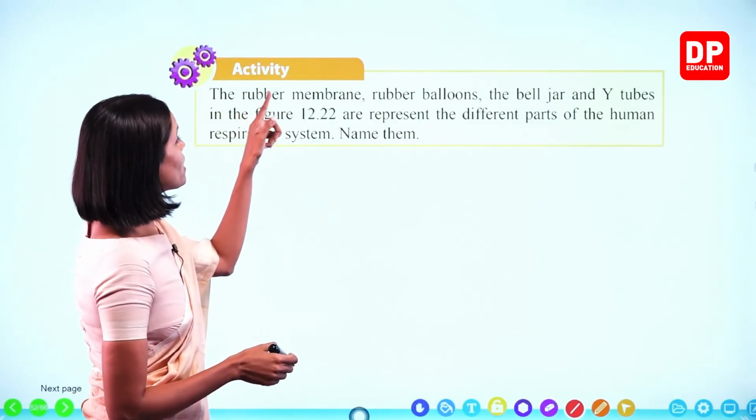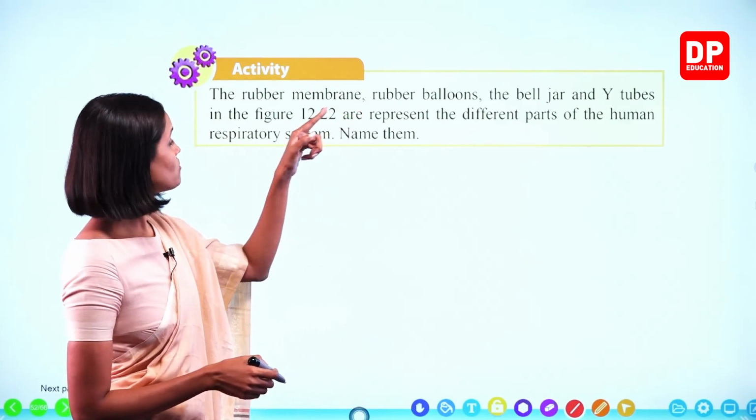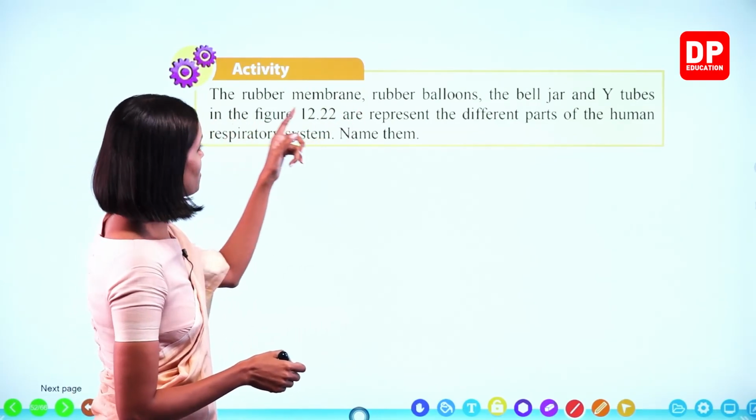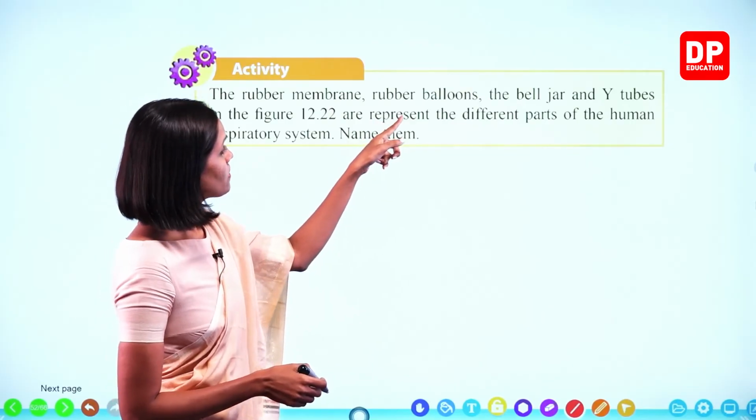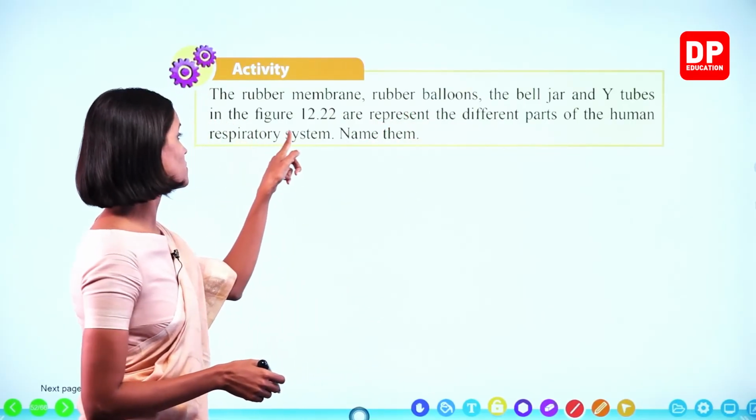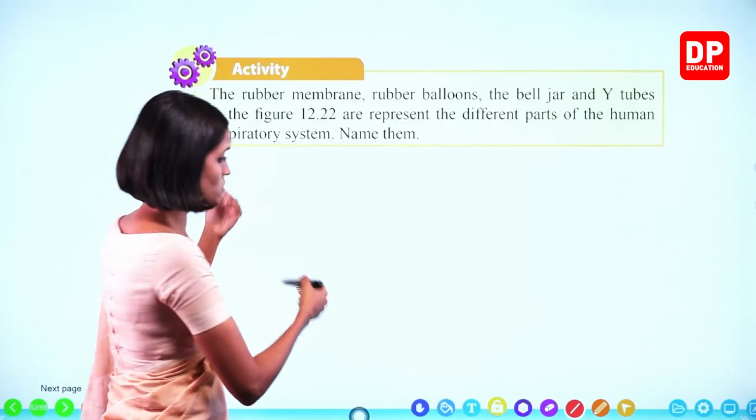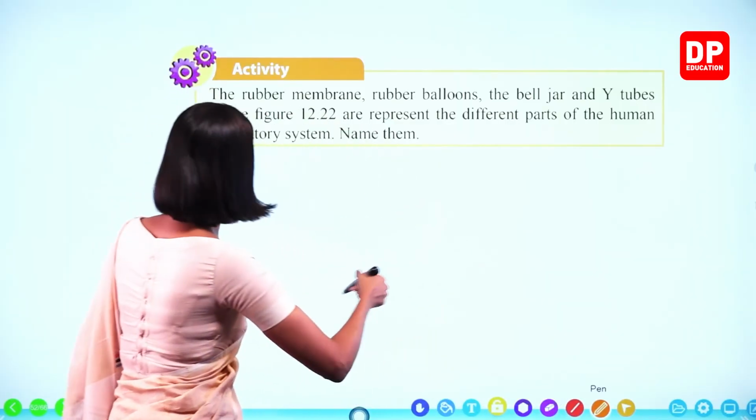So the rubber membrane, rubber balloons, the bell jar and Y tubes in the figure above represent the different parts of the human respiratory system. Name them. I already explained to you all. They are similar to each part, right?